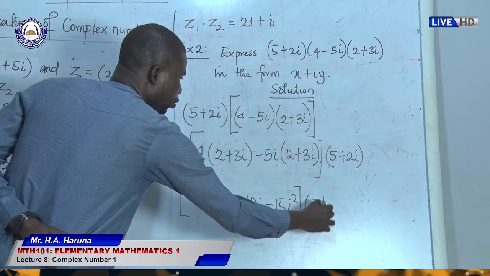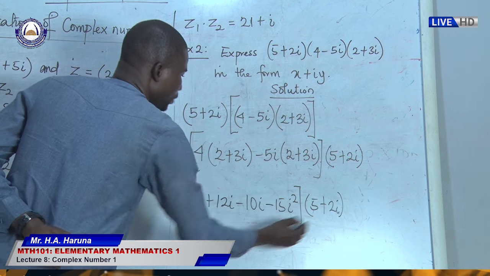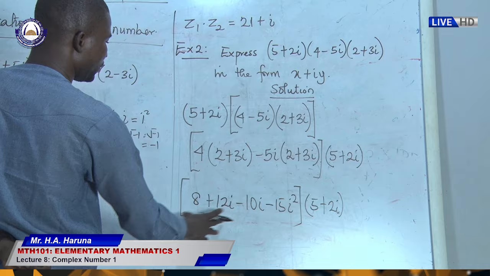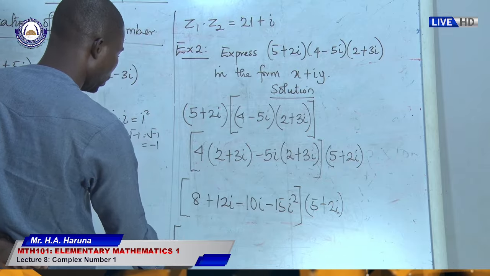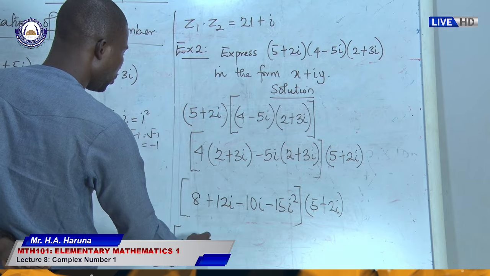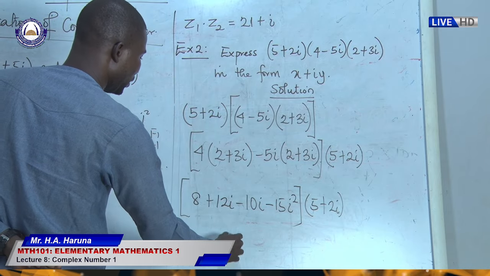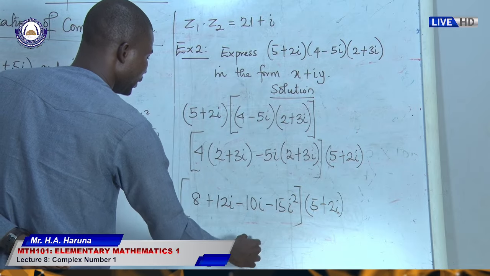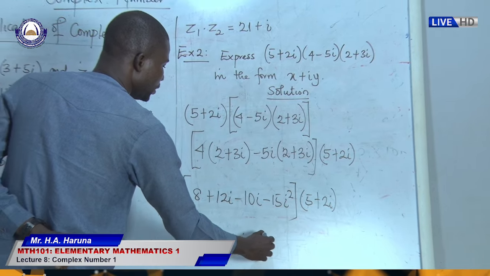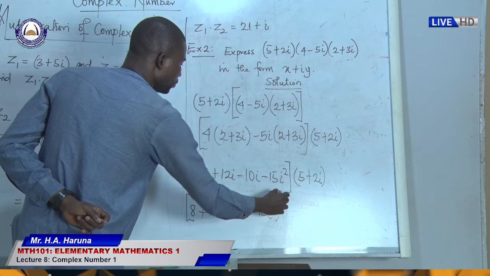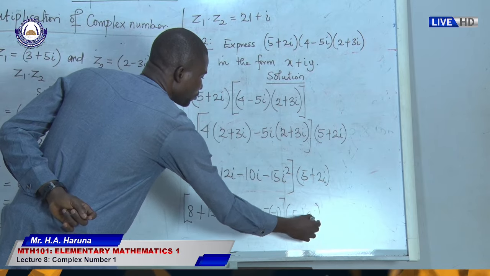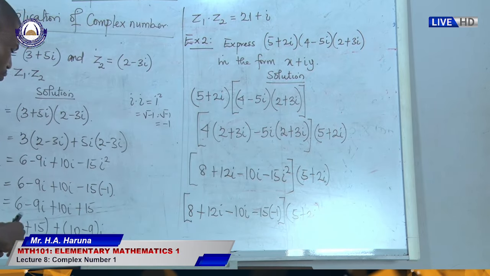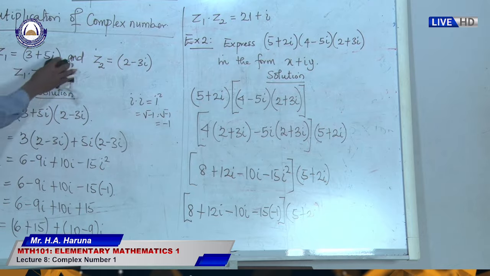Write it 5 plus 2i. Close it. Now, i squared here is minus 1, like we did earlier. So you have 8 plus 12i minus 10i, then minus 15 into minus 1. Then close it. You have 5 plus 2i. So, let's continue from there.